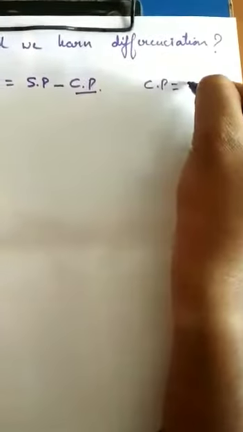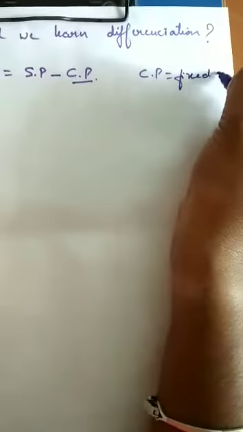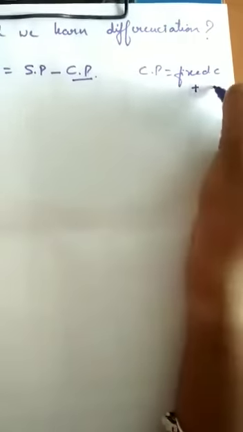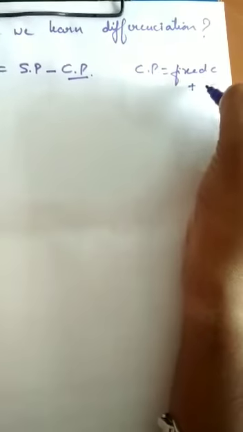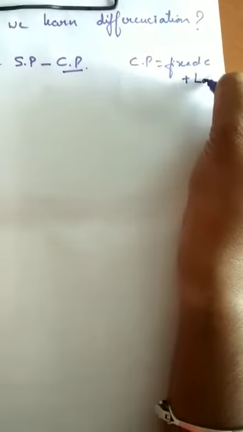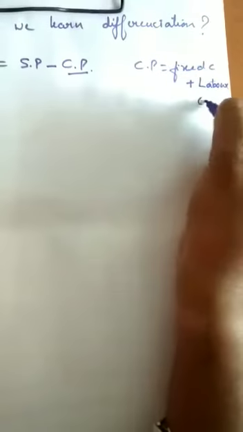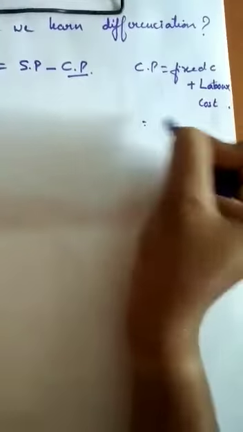The next question is, what is meant by cost price? Cost price has two kinds. One is the fixed cost, another one is the variable cost. I am taking the variable cost as the labor cost. The fixed cost may involve the electrical bill or the rent charges, or it may include both.